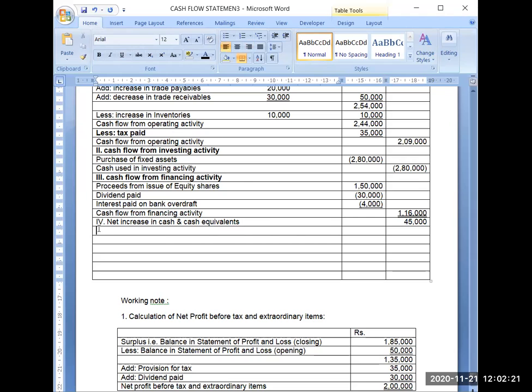Now we will add the opening cash and cash equivalents. So how much are the opening cash and cash equivalents?